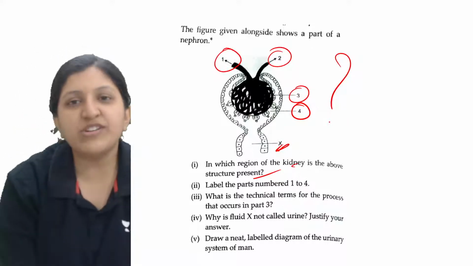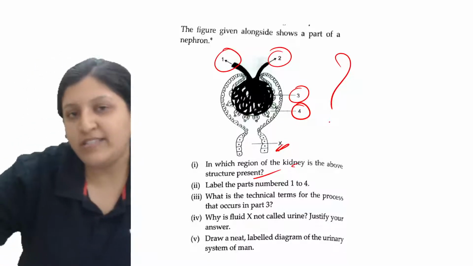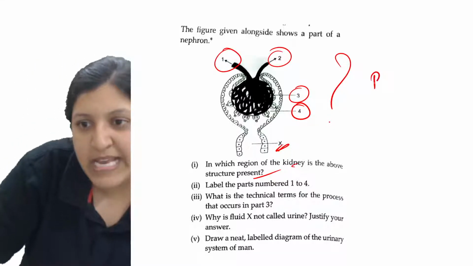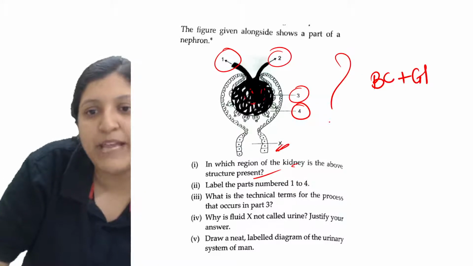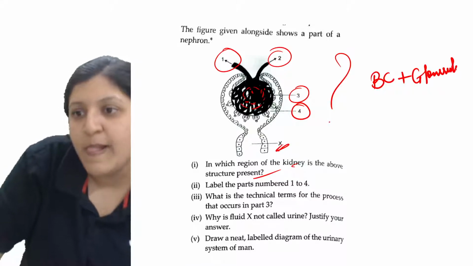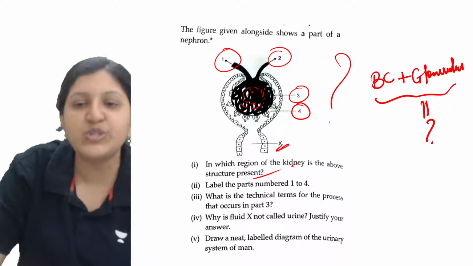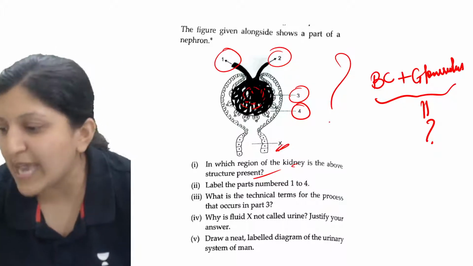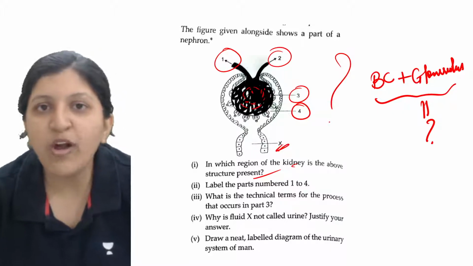Yes, what structure is this? There is a Bowman's capsule that you can see, and the Bowman's capsule is present with the glomerulus. The tuft of capillary that you find here is the glomerulus. Together, what do we call that? Glomerulus and Bowman's capsule together, what do we call this?